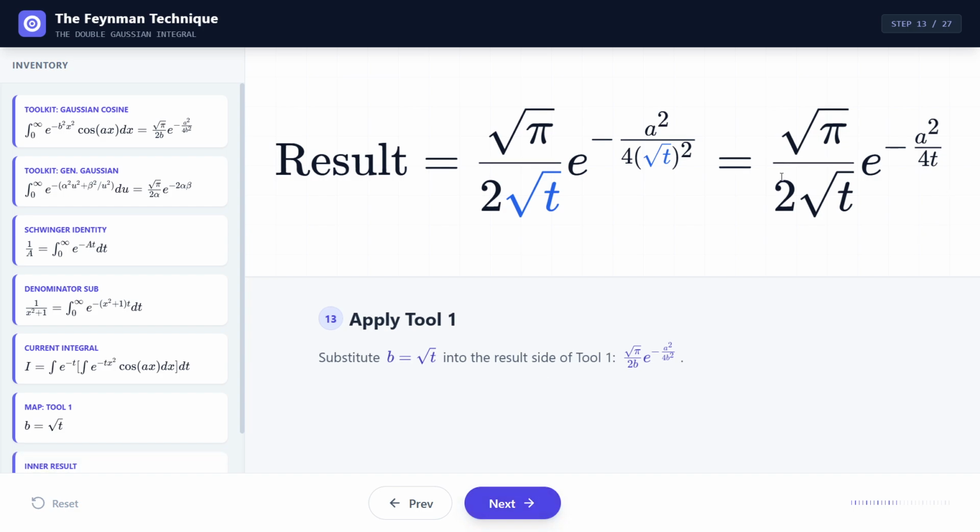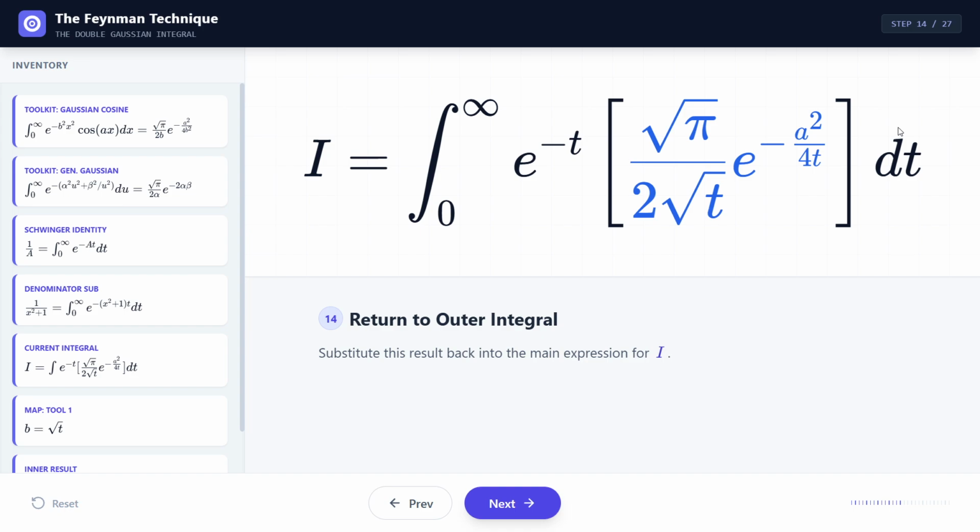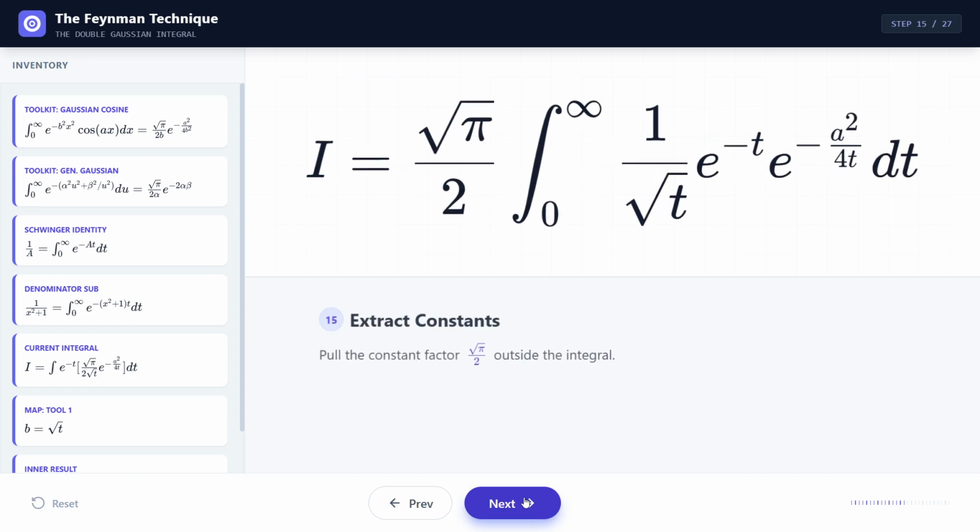Okay, so that means that the result of that inner integral is just square root of pi over 2, well, it's this. I'm not going to explicitly state what that is. All right, so now our original integral has transformed into this. And we can pull out that square root of pi over 2.